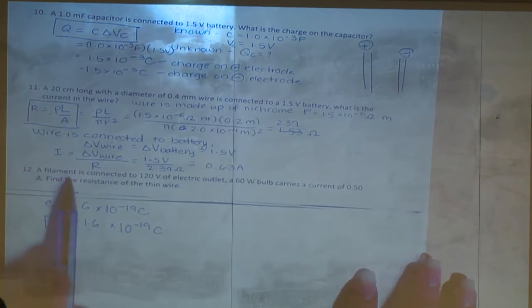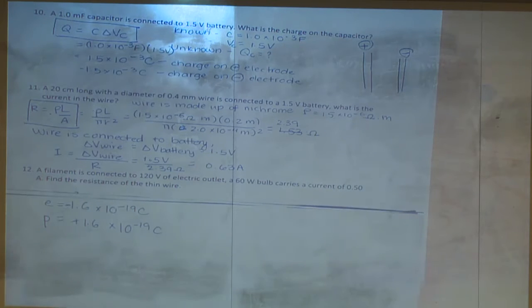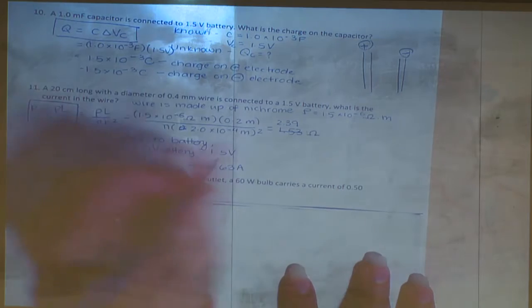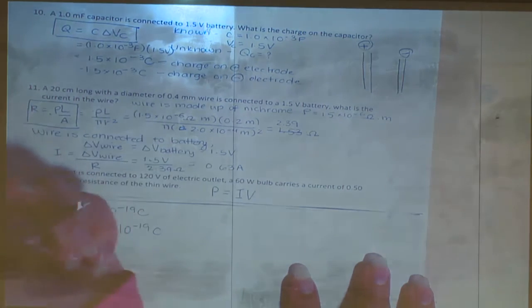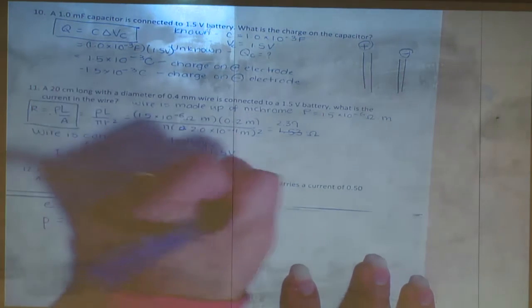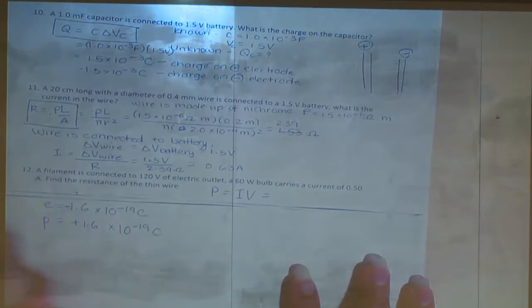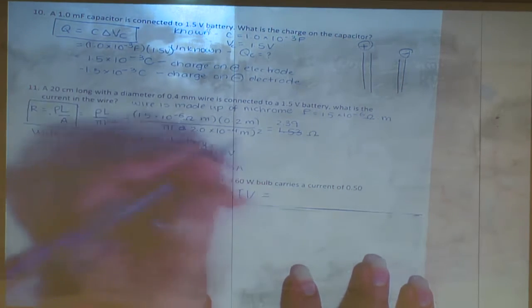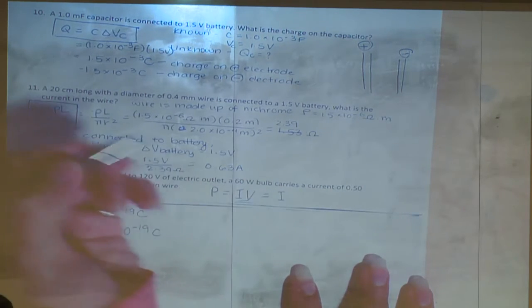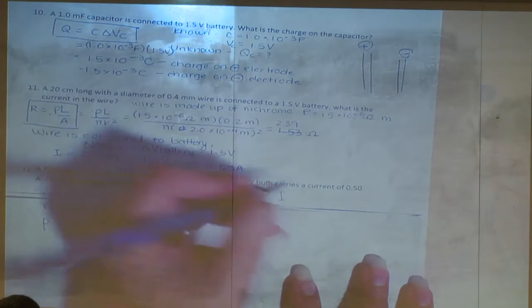Okay, so this one is just another example of how you would calculate resistance if you were given power, voltage, and current. The formula for power is this main generic formula, but because we're looking for resistance, there's another way you can maneuver the formula to have resistance in it.